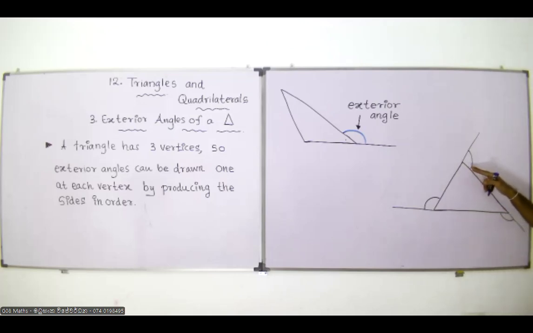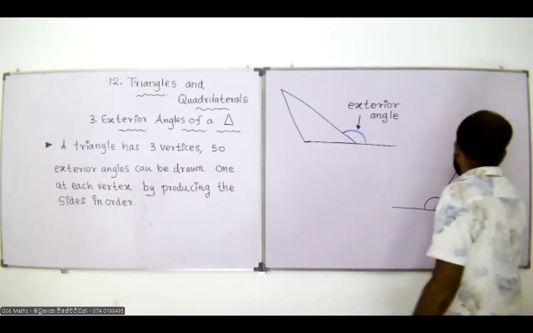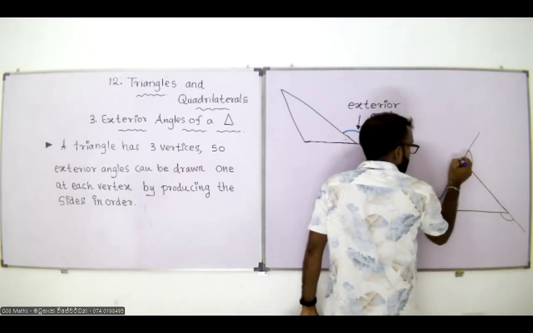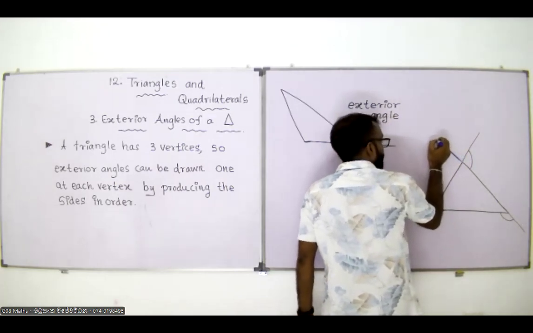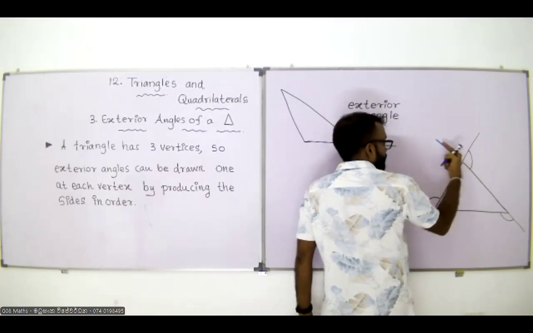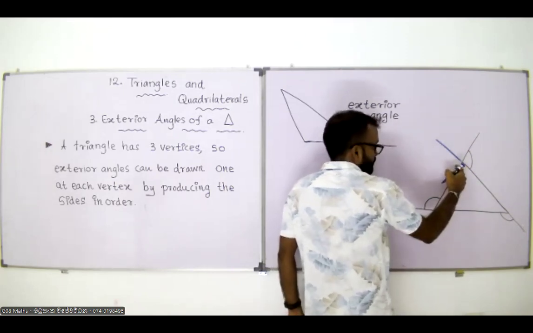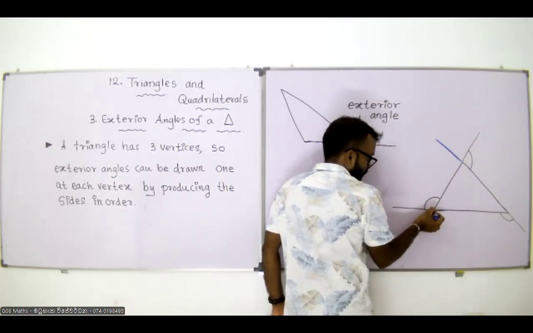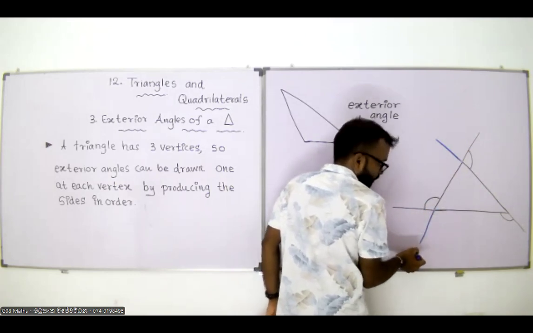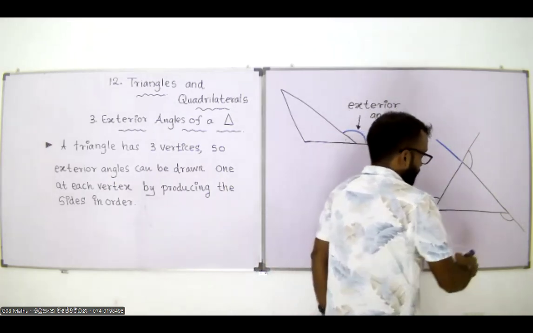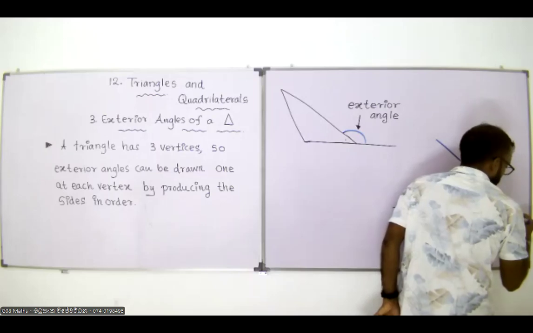I have already extended this side to the below side. I am going to extend the same side to the front, to the upside. So I am going to extend this side up and this side down, and this side to my right hand side.